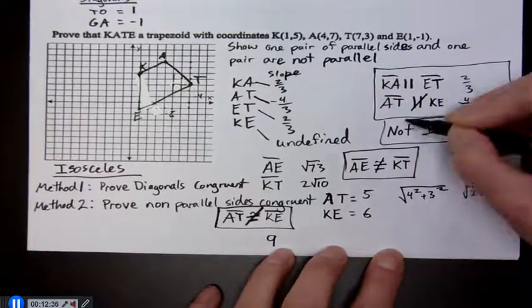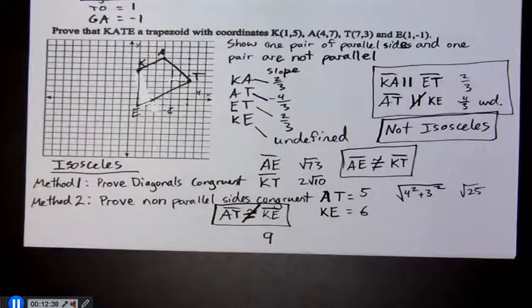So again, we always have to have 2 statements for trapezoids because we have to have one proving it's a trapezoid and then one proving yes or no for isosceles. So when you have all of that, go ahead and flip over to our last shape.